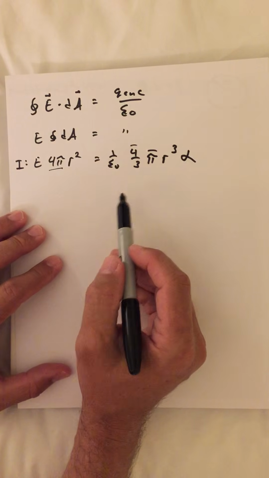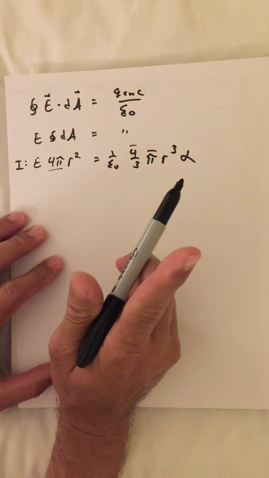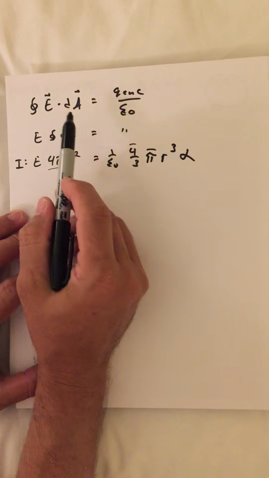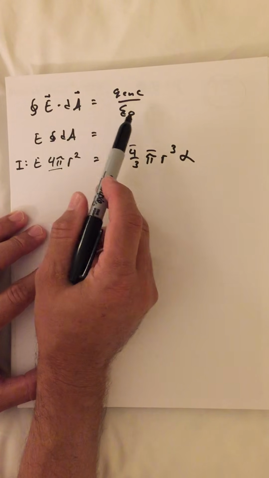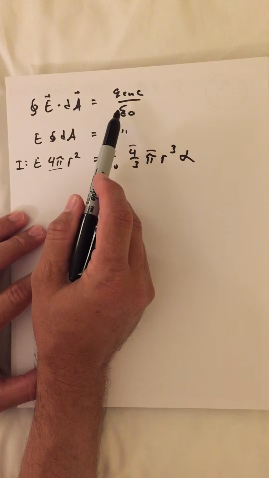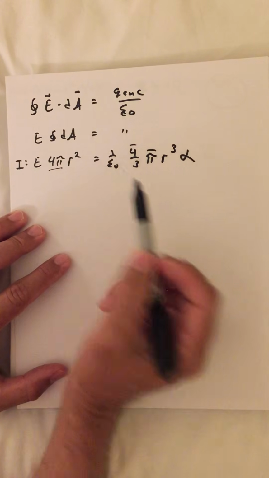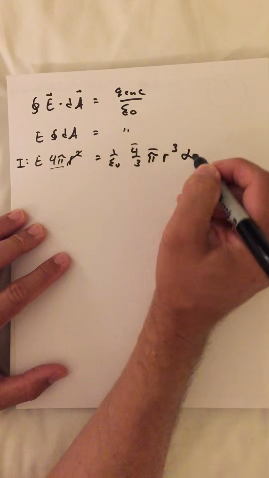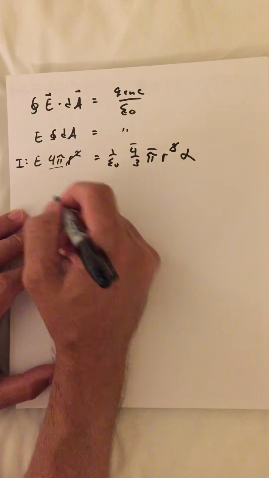Look at the r's. I've got an r squared here and an r cubed here. If you really think about it, that should not surprise you, because the left-hand side of this involves an area. The right hand involves a volume. This is going to scale as r squared. This is going to scale as r cubed. What I'm going to be left with then is an r to the first power. So it looks like what I'm going to get here.